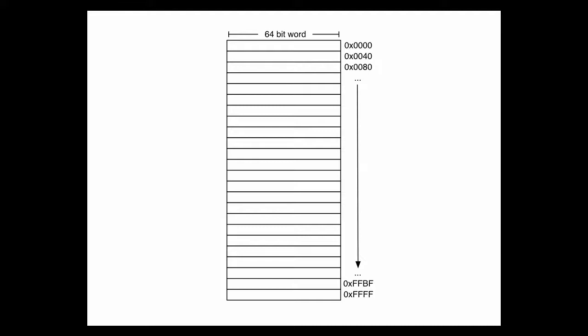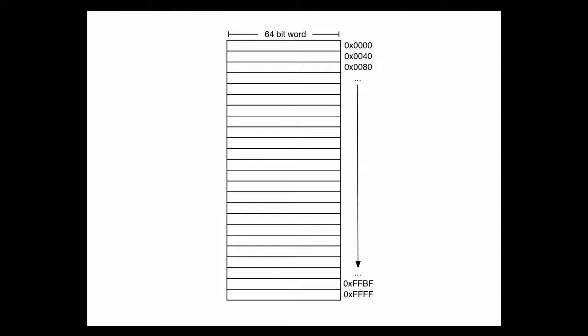Okay? So we have all these boxes. They happen to be the size of the CPU word. They have addresses, which later in the semester you're going to see are hexadecimal numbers. Why are they hexadecimal numbers? Because they're huge numbers and they have lots and lots of bits. So later in the semester, you're going to see that we have a 64-bit word. 64 bits is 8 bytes. 8 bytes is 16 nibbles. Each nibble is 1 hexadecimal character.